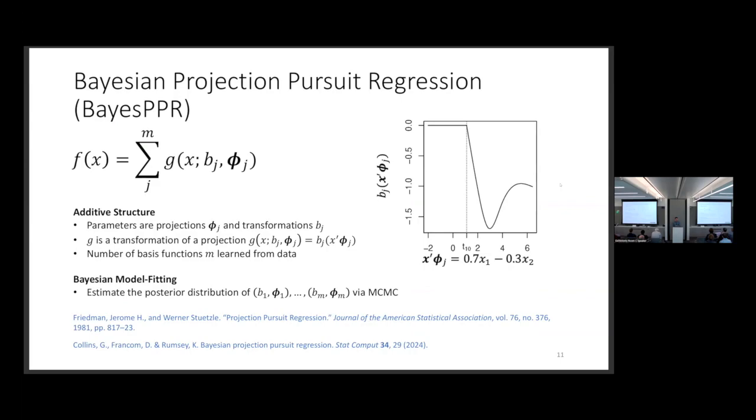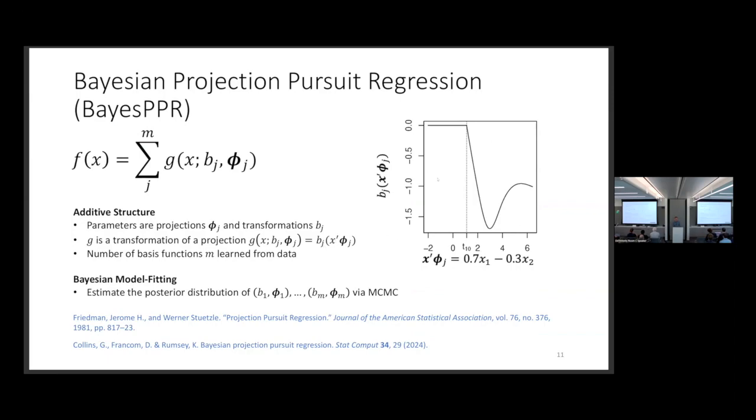All right, and so finally, I get to the main topic here, which is Bayesian Projection Pursuit Regression. So here, we have 2 parameters we're trying to learn for each basis function. We have a projection direction phi and a basis function b. So just real quickly, how this works is that you first project your features x in the direction phi, and then you take some nonlinear function of that projection as your basis function.